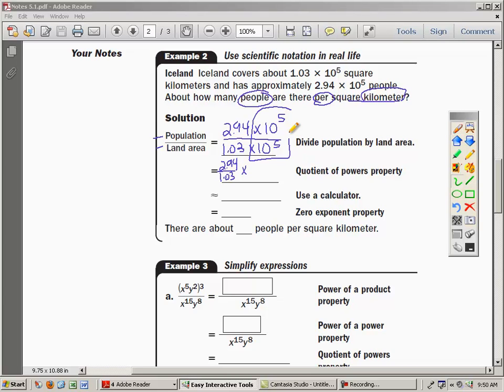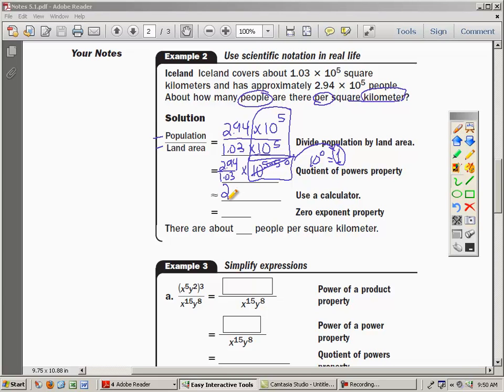And then 10 to the 5th over 10 to the 5th becomes 10 to the 5 take away 5, and 5 take away 5 is 0. The zero power property says anything to the 0 power is the same thing as 1. So this whole last term effectively just becomes 1, and 2.94 over 1.03 times 1 is simply 2.94 over 1.03.